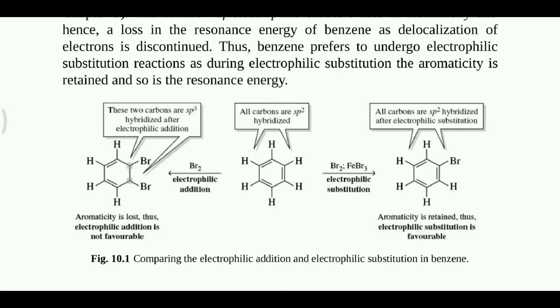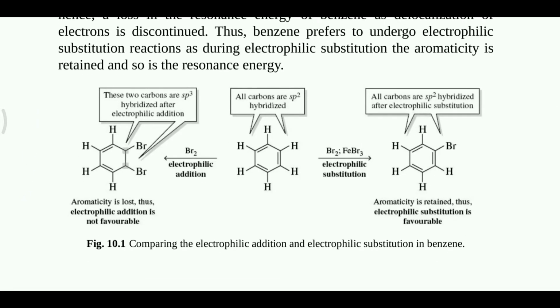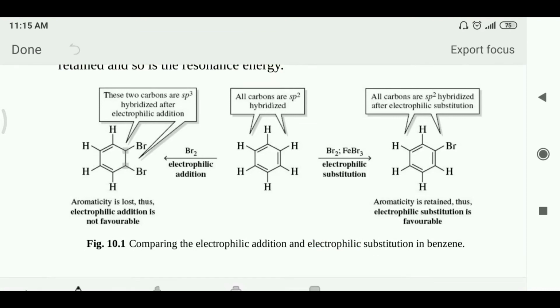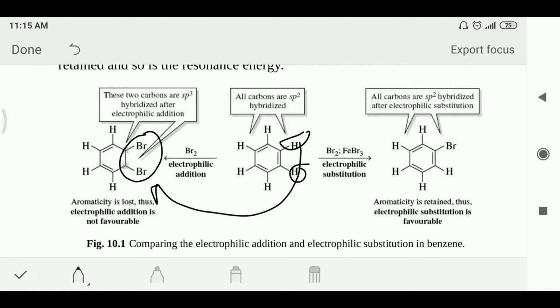So see that on the left-hand side, in the case of electrophilic addition reactions, you can see here there is attachment of bromine. So already we have hydrogen atoms, and extra there is attachment of this bromine.